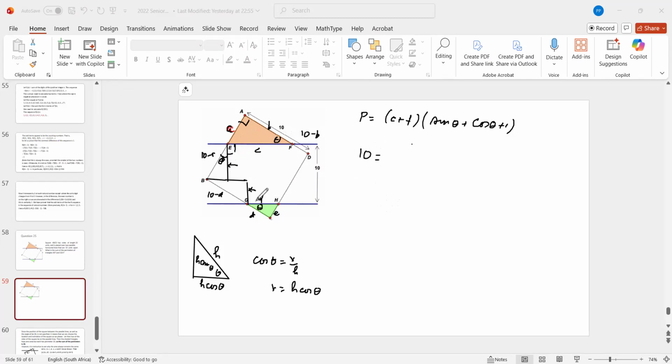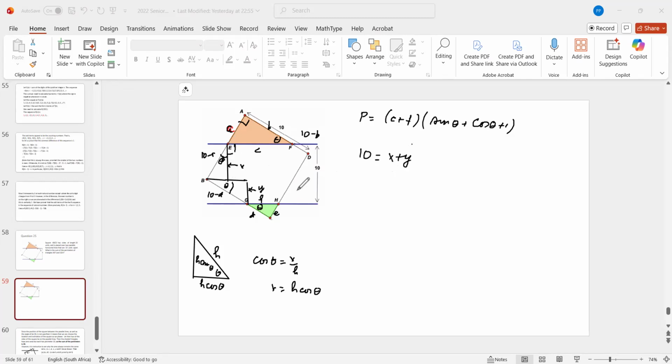And likewise, the theta was here. So therefore the theta goes there, because this angle here is 90 minus theta. And so that has to be theta. This angle here is theta. Right, so these two, let's call this x and y. So 10 is equal to x plus y.